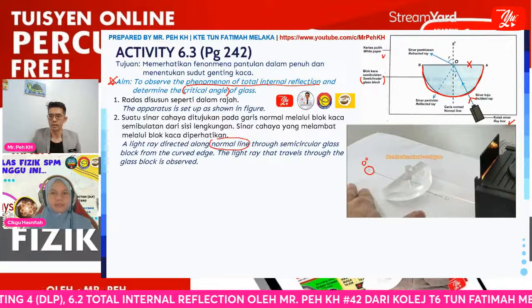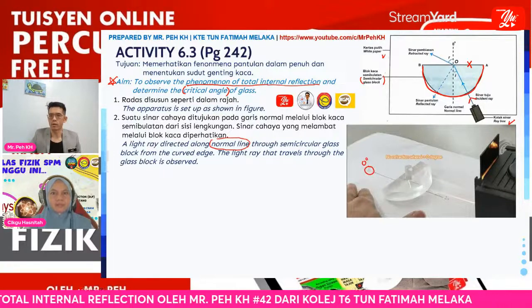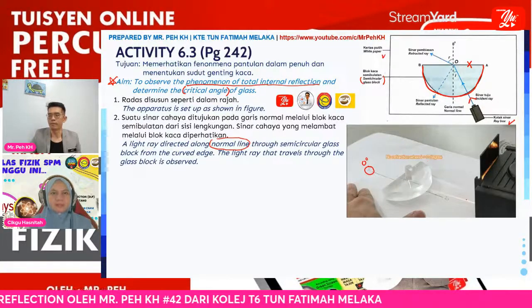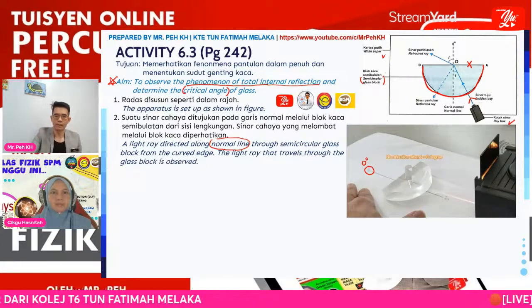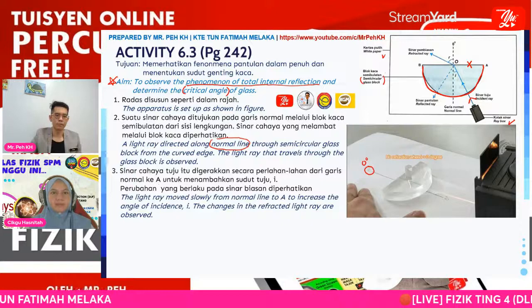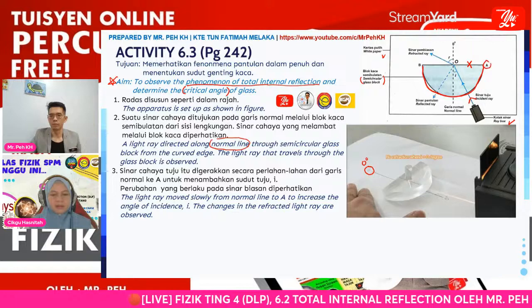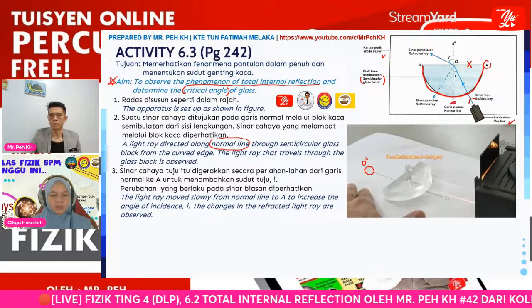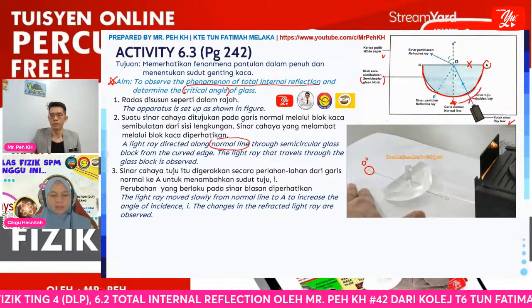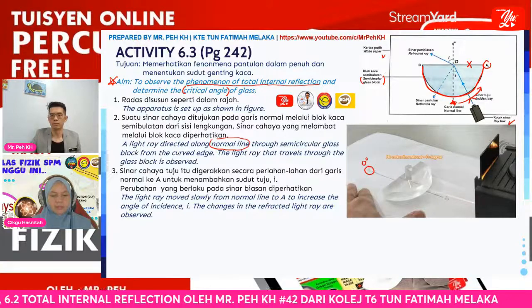You can see there is no refraction when the light ray passes along the normal line. Then the next step, the light ray moves slowly from the normal line to A. A will be here, so that means moving from here to the point A.